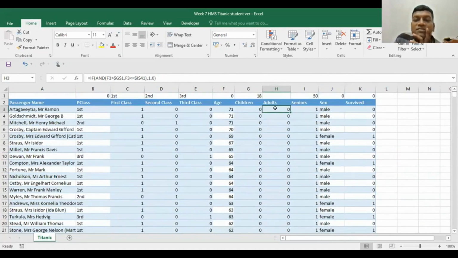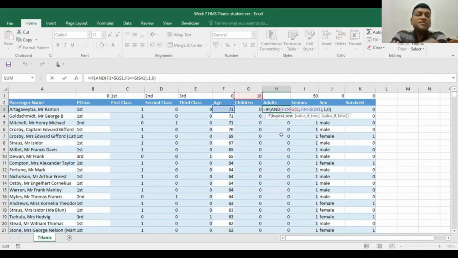So essentially what this formula is trying to do is the AND statement gives me 1 if both these conditions are true. The two conditions I'm trying to check are, first, if F3 is greater than G1, that is if 71 is greater than 18. That's the first criteria.